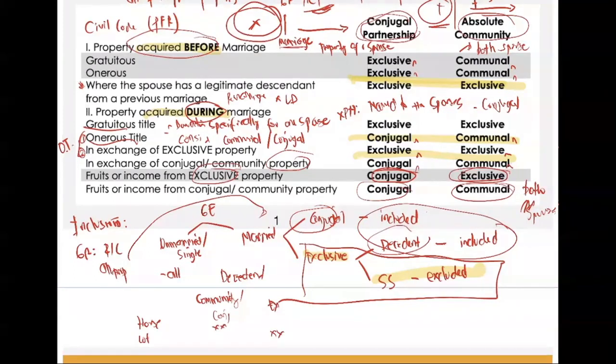But do not include the exclusive property of the surviving spouse. The estate return nyo, hahatiin na siya whether it is community or exclusive. Pero sa una pa lang, kailangan na ninyong alamin kung ano yung exclusive ni surviving spouse kasi tatanggalin niya yan. Sana na-gets nyo to. Once you know the rules here, madali na lang yan.